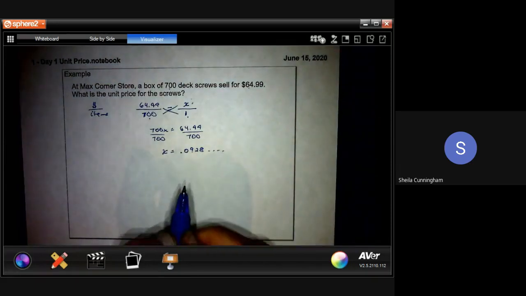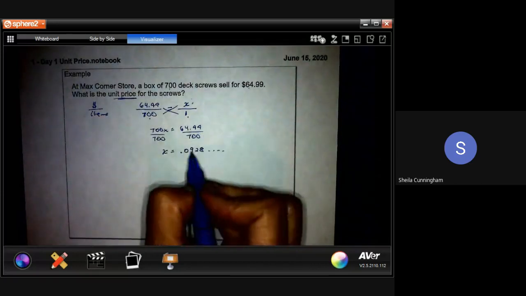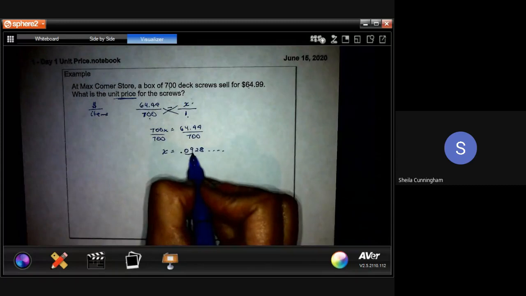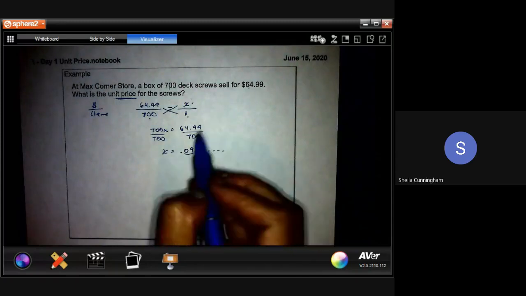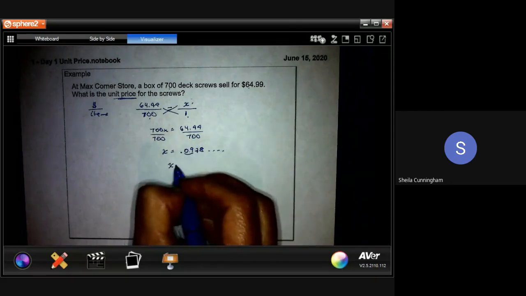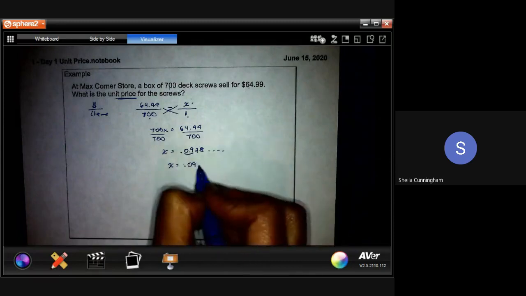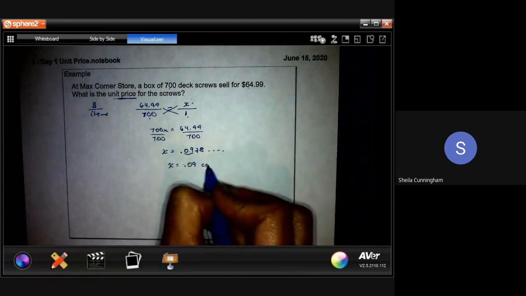This is a unit price, so this is money now. Money is always 2 decimal places, so we go to the third one. If it is 5 or larger, it bumps the previous one up. Since this is smaller than 5, this stays as $0.09. This is cents.